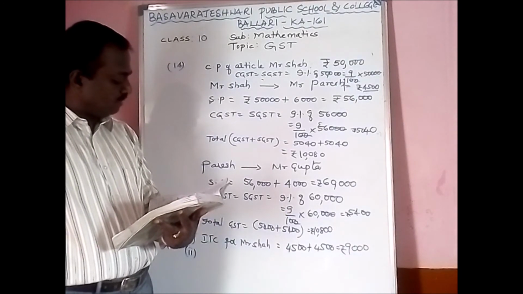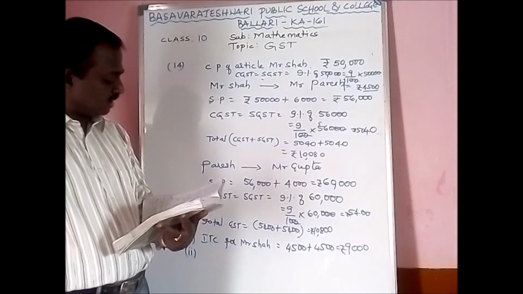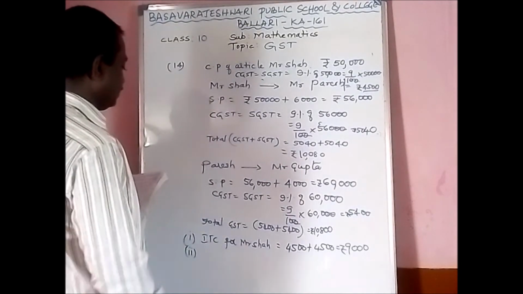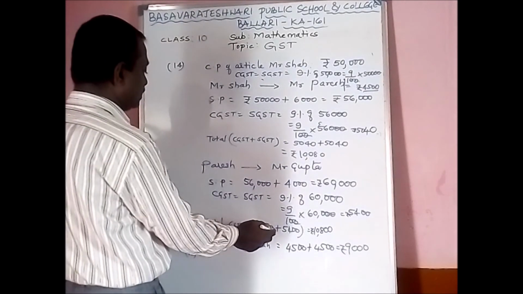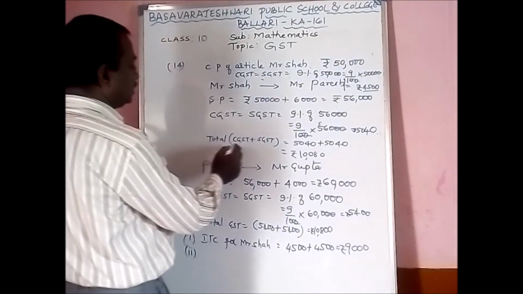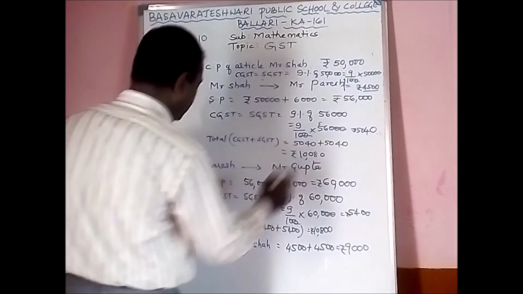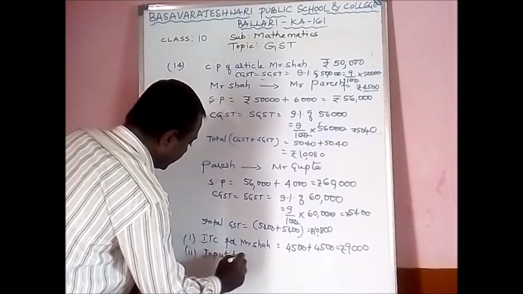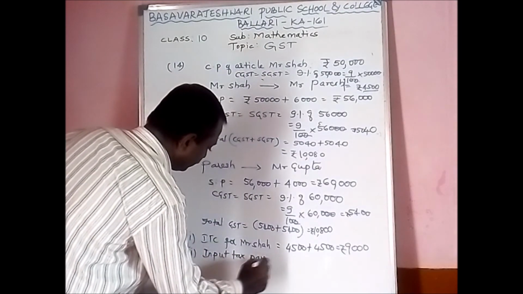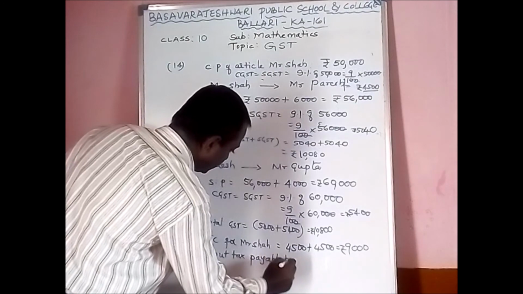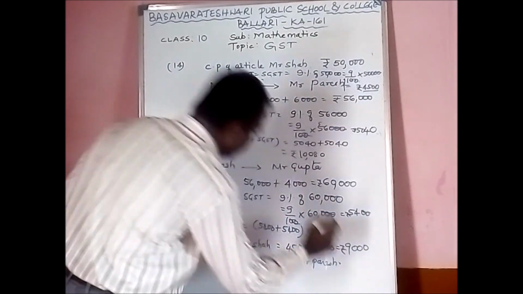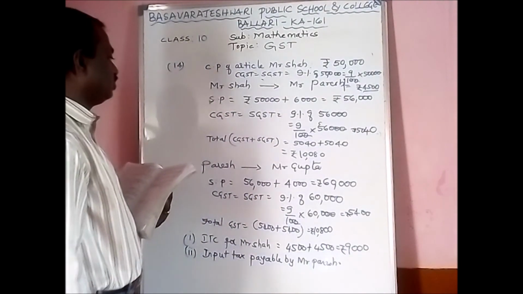Second question. What is the second question they are asking? Input tax payable by Mr. Paresh. Paresh is taking here output tax. Input tax payable by Mr. Paresh means how much does he have to pay? Input tax.